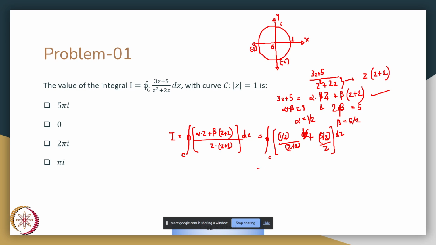I'll just split this integral into two parts. The first, I'll take half outside, so I essentially have 1 upon (z plus 2) dz plus 5 by 2 times the circular integral over the curve C of 1 by z dz.